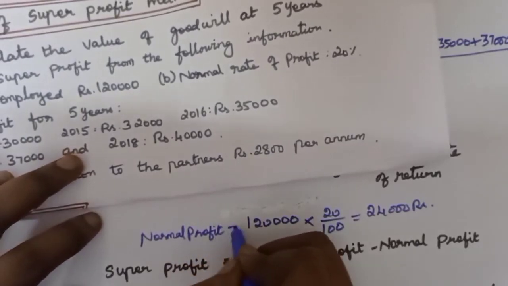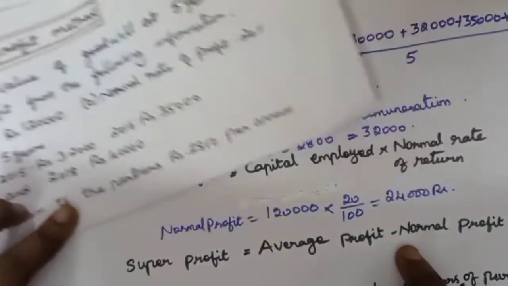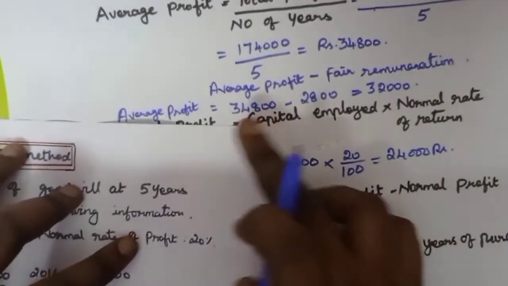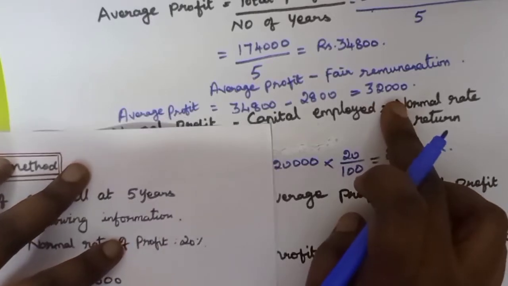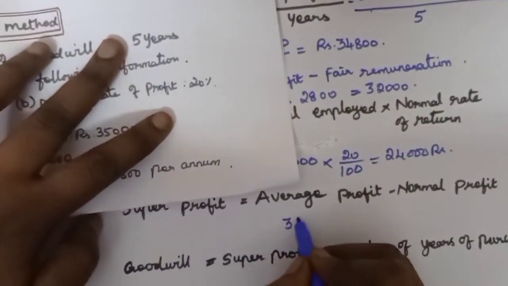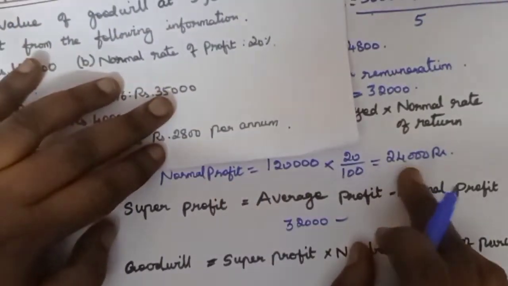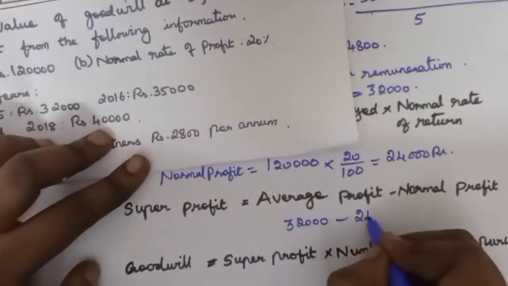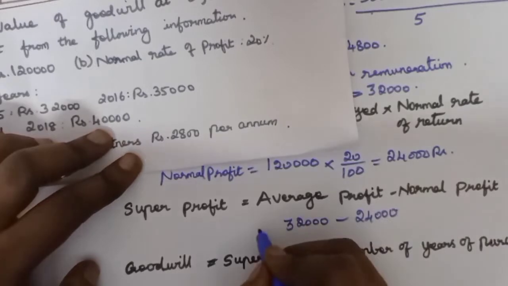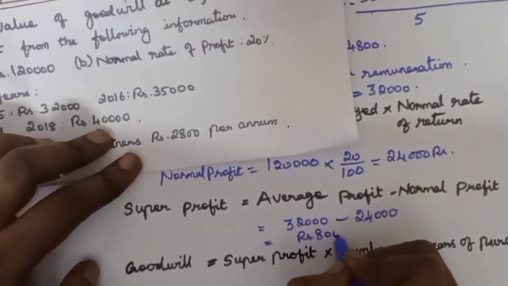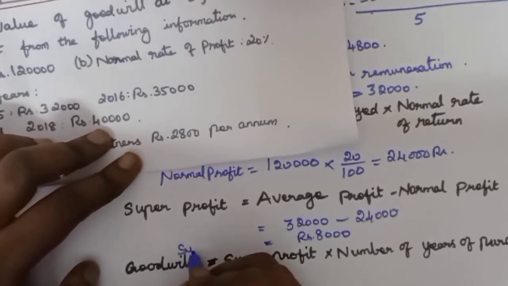Now super profit is equal to average profit minus normal profit. What is the average profit? 32,000. 32,000 minus normal profit. Normal profit is 24,000. We will get rupees 8,000 super profit.